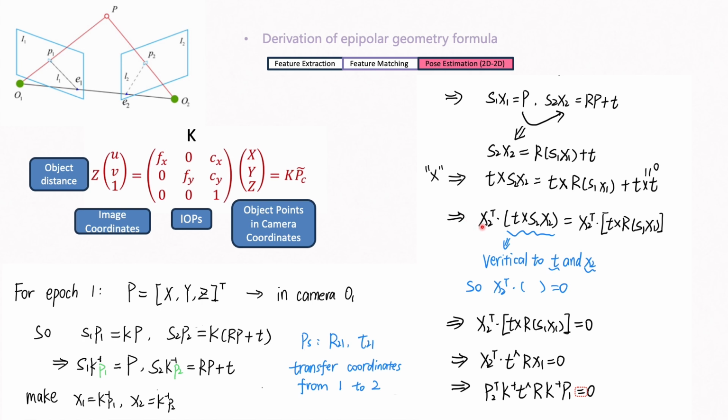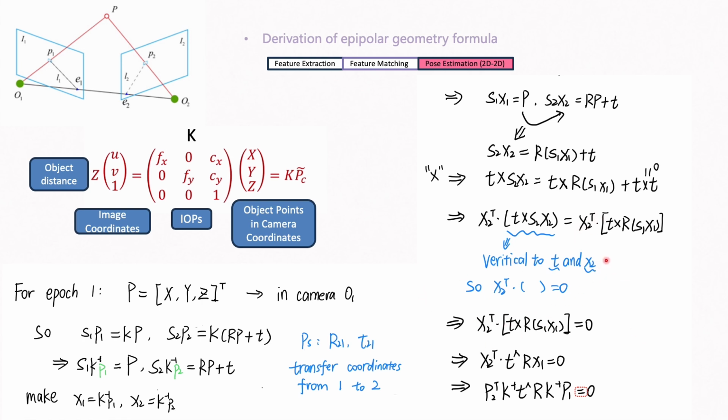And we also take the dot product with x2 transpose on every side. You should note that s2 is a scalar, right? So we have just T cross x2. We can derive a vector that is perpendicular to T and x2, and we take the dot product of it with x2 transpose. That means the dot product of x2 transpose with a vector perpendicular to itself, so it equals 0.